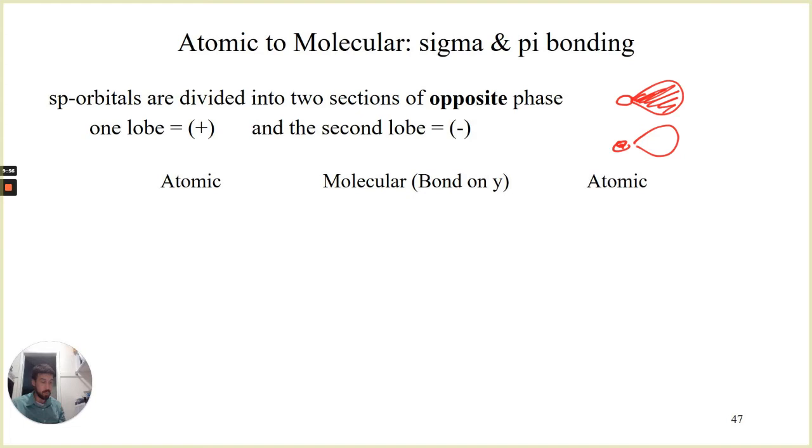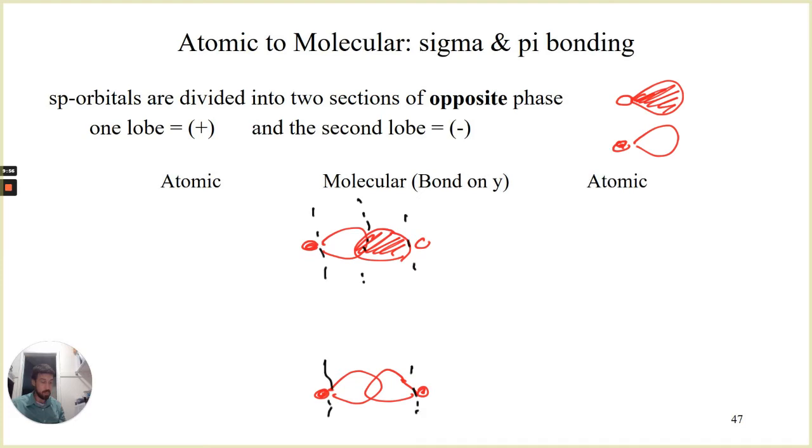So if we were to draw that pictorially, here constructively overlapped, unshaded to unshaded, or we could do shaded to unshaded for destructive overlap. Okay, so we would end up with a node there, node there, node there, node here, and node here.